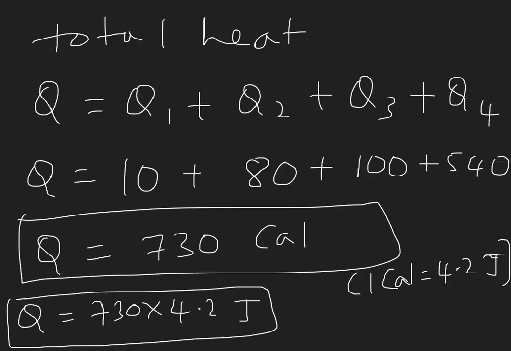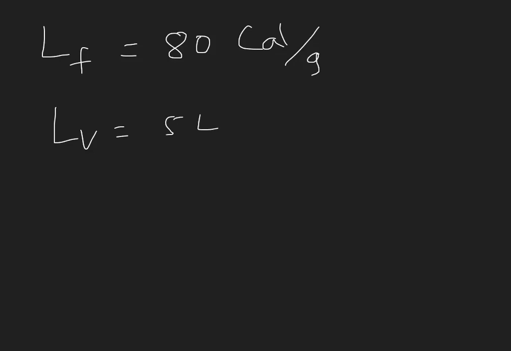Finally I added all the heats and got the final answer of 730 calories. If I want to convert into joules, just multiply with 4.2 because 1 calorie is equal to 4.2 joules. And you must not forget the values. LF, latent heat of fusion of ice, is 80 calorie per gram. Latent heat of vaporization is 540 calorie per gram.